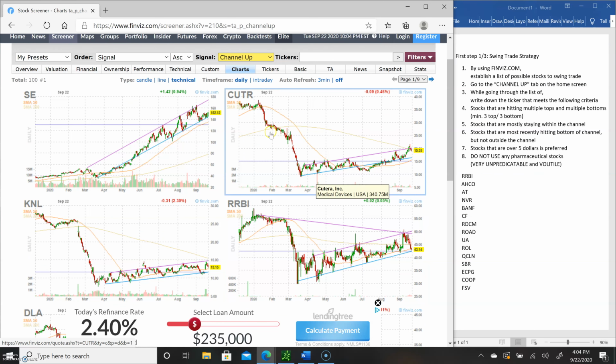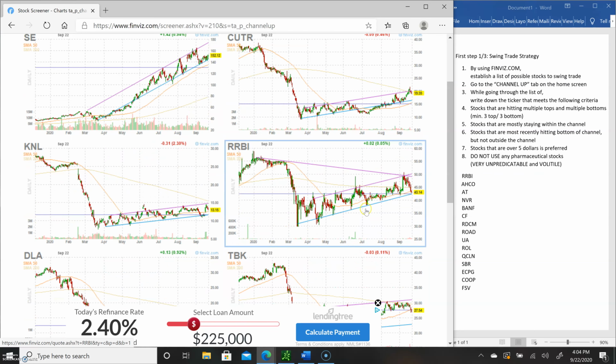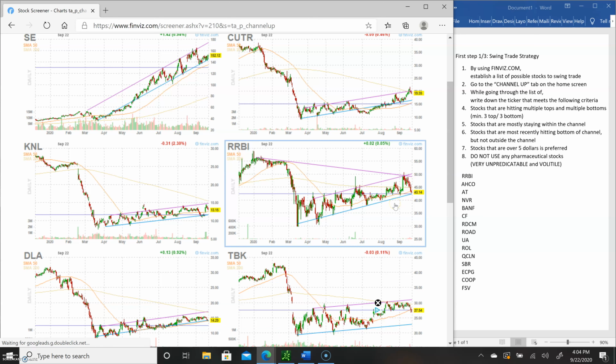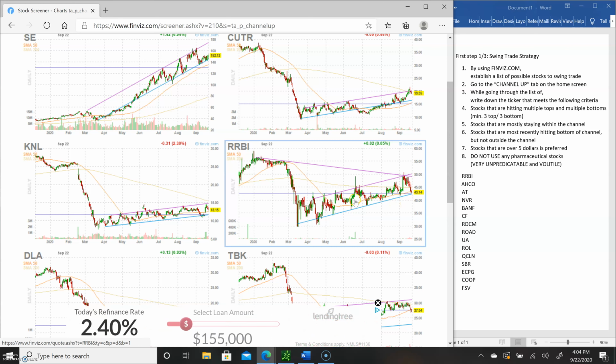So for a swing trade, we want to find something that is pretty consistent in this channel, and over time it's been hitting tops and bottoms consistently. The more tops and bottom hits, the more reliable this stock is, and we're going to be able to trust this pattern is going to continue.